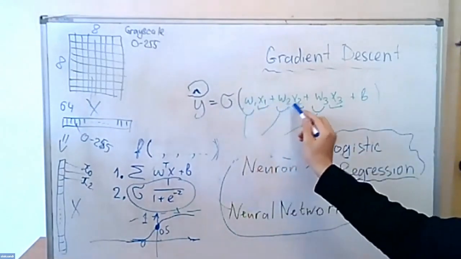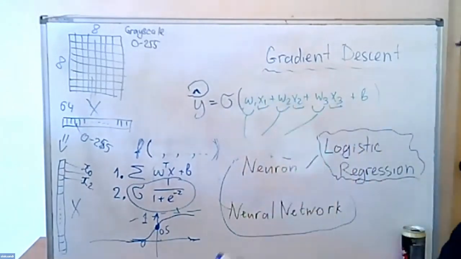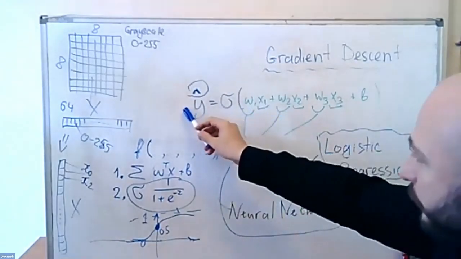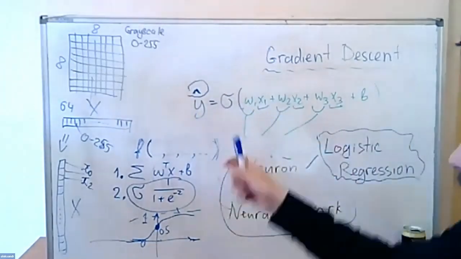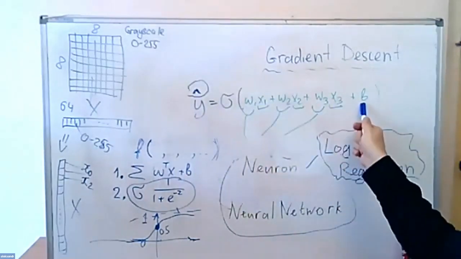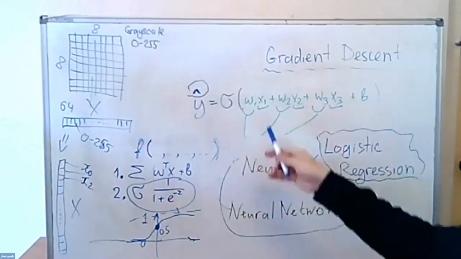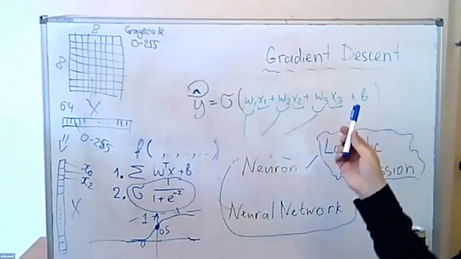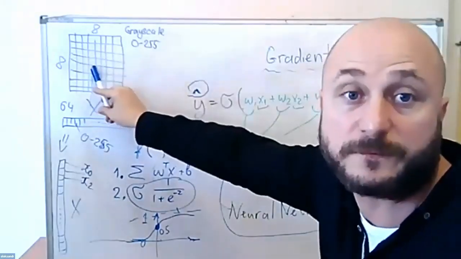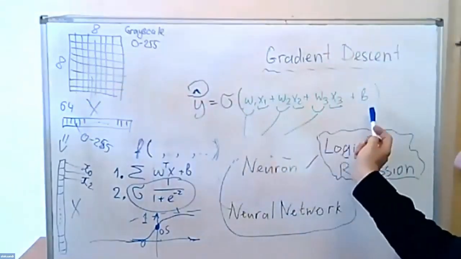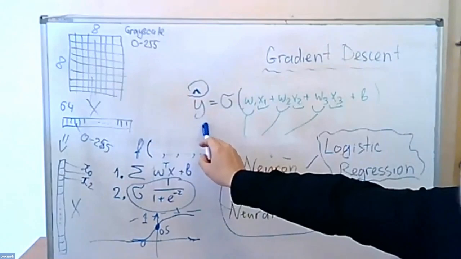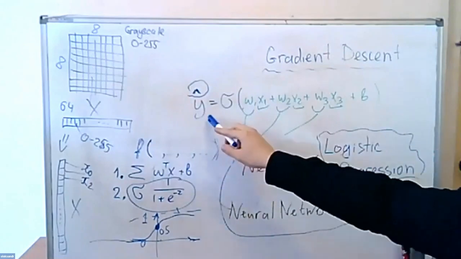And this set of values that we find during the training process is actually the model. If we have the formula and values for coefficients here, we can anytime take new values of x, which we get from an image, and make a decision whether it is 0 or 1.